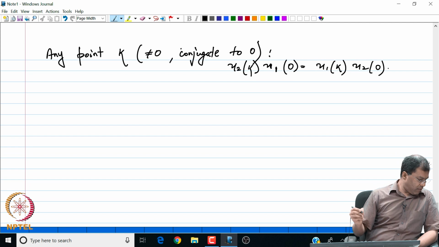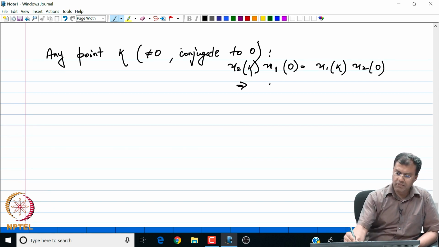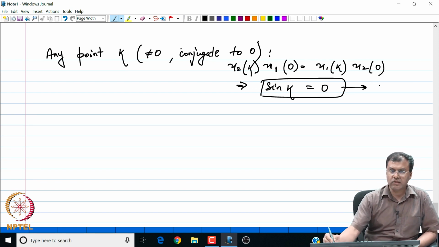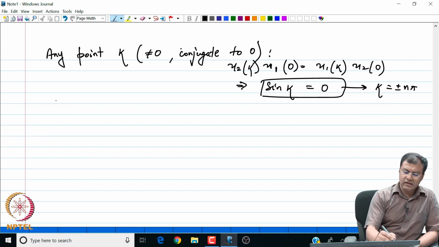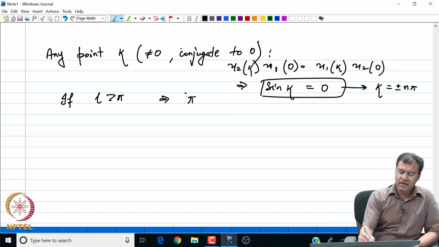So, from here this result will tell me that sin kappa, the point conjugate to 0, must satisfy this equation, and the solution to this equation is kappa equal to plus or minus n pi. Now, certainly if my domain is bigger than pi, then it implies that pi, which is not equal to 0, is a point conjugate to 0.